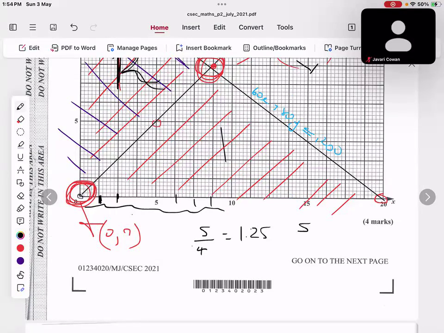Or is it 5 divided by 3? What's 5 divided by 3, guys? Because there are 3 spaces in between. So 1, 2, 3. What's 5 divided by 3? 1.6. All right. So to get an accurate value, we're going to say that each of these lines is about 1.5.